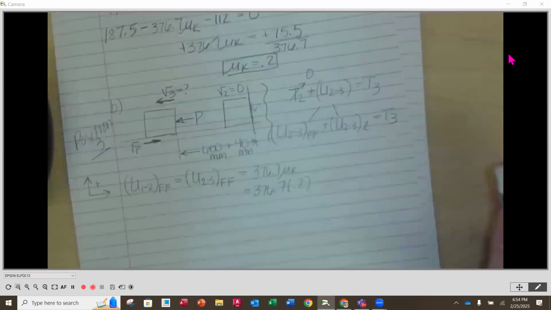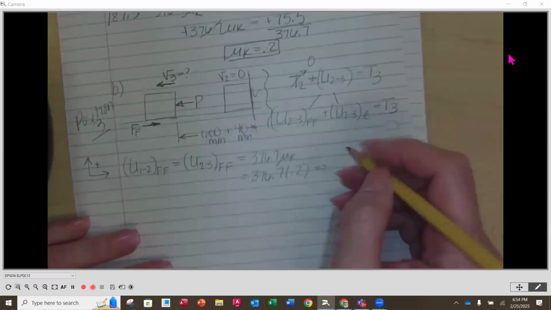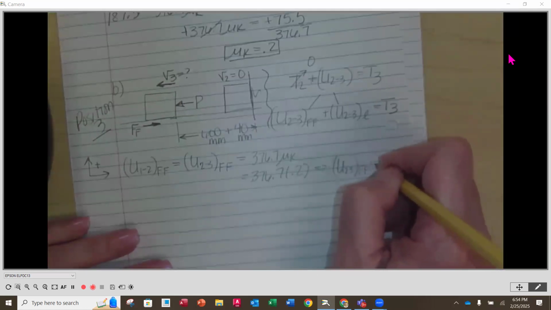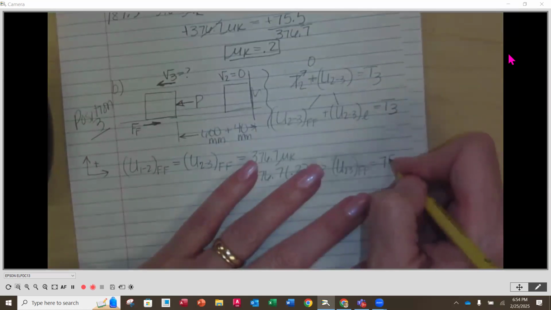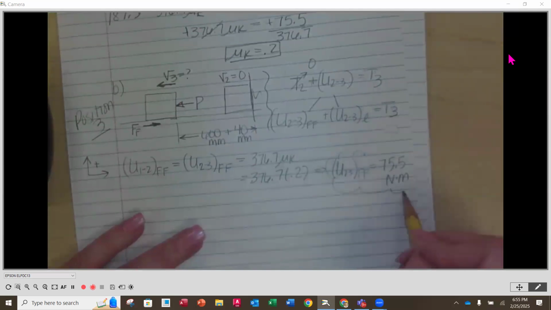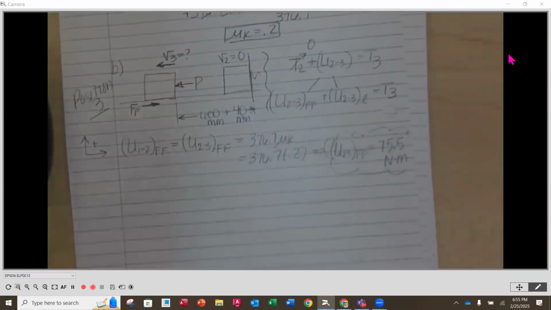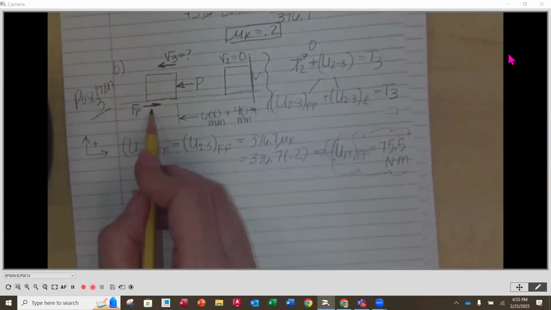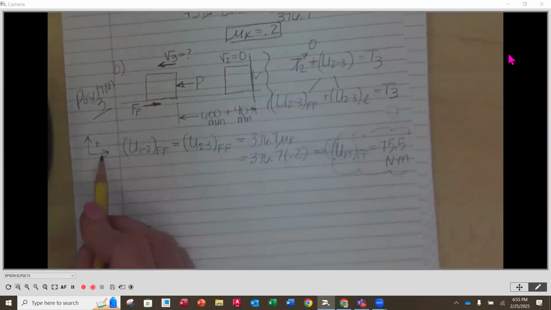So multiplying those together, U 2 to 3 friction force work is going to be 75.5 Newton meters. Now, you're going to notice that the direction of that friction force is going to the right, so we're going to use the same convention that we normally do, going to the right.